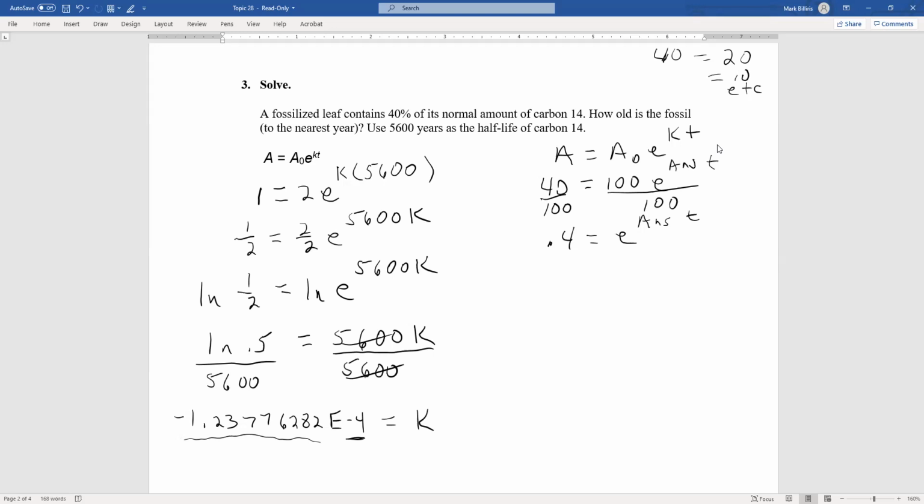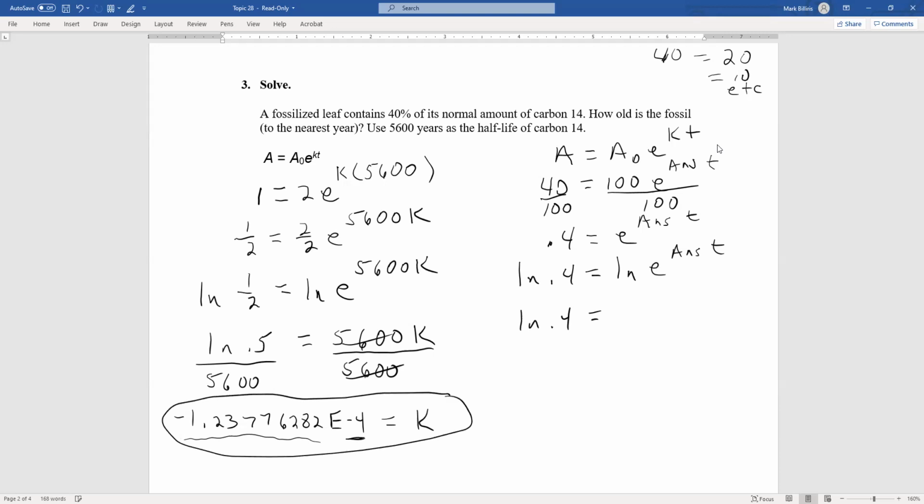Now again, since I'm dealing with base E, I'm going to take the natural log of both sides. And that gives me the natural log of 0.4 equals that answer times T. And I'm going to put that in parentheses.